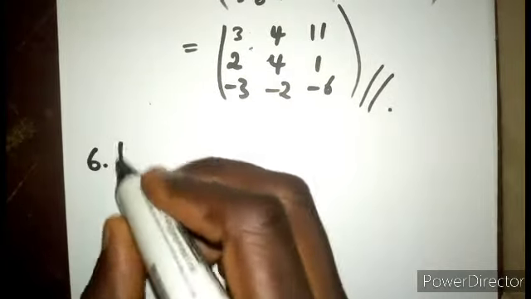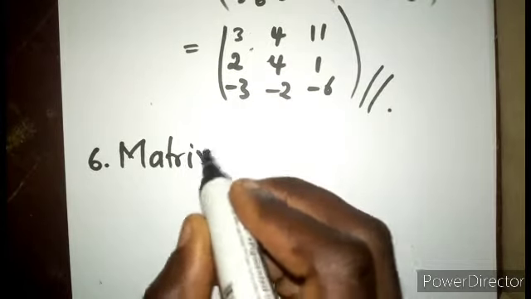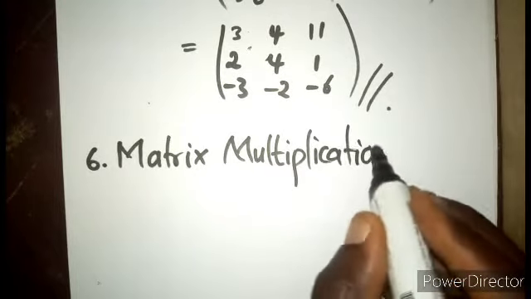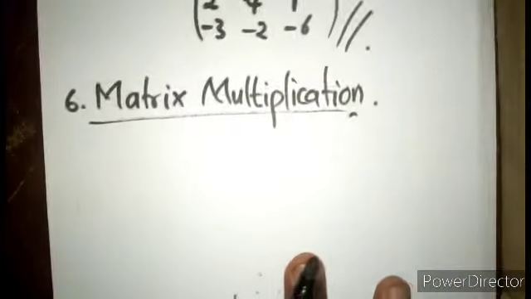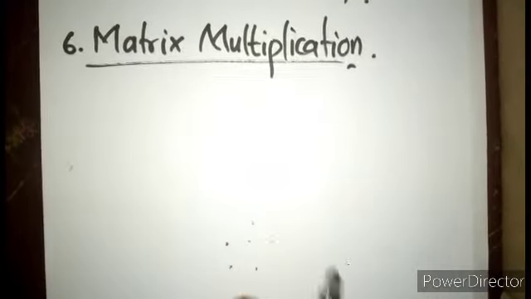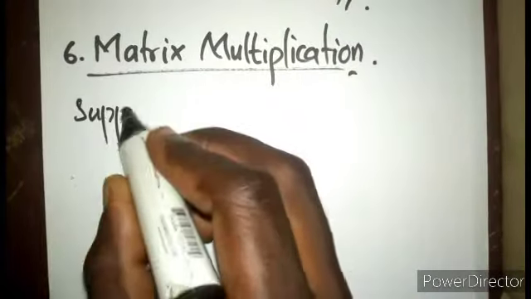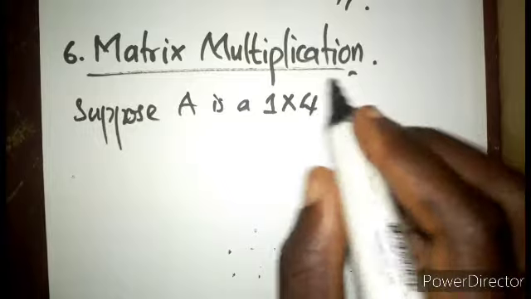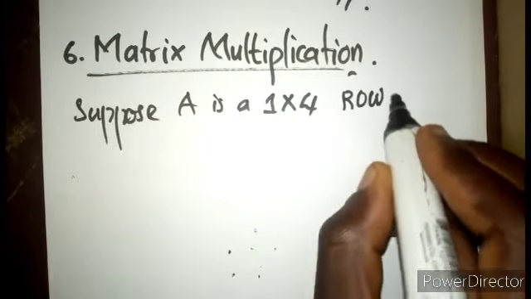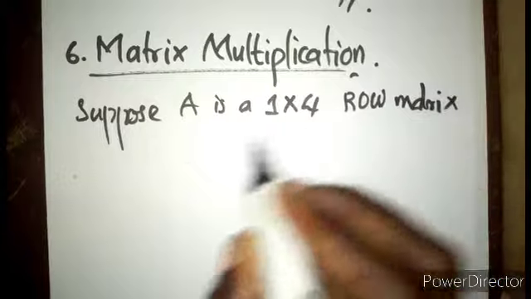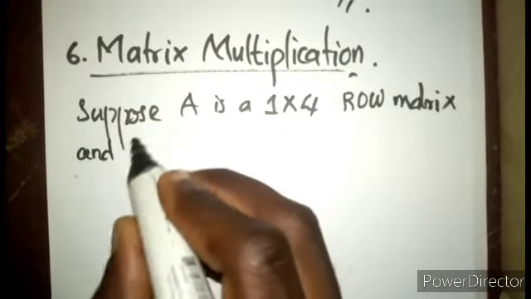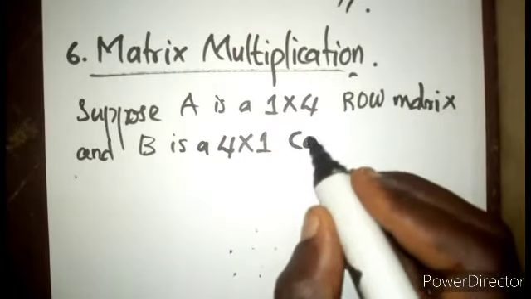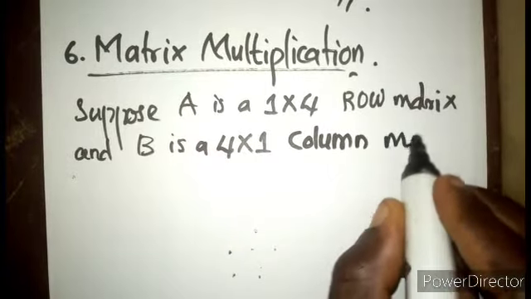6. Matrix multiplication. Suppose A is a 1 by 4 row matrix and B is a 4 by 1 column matrix.